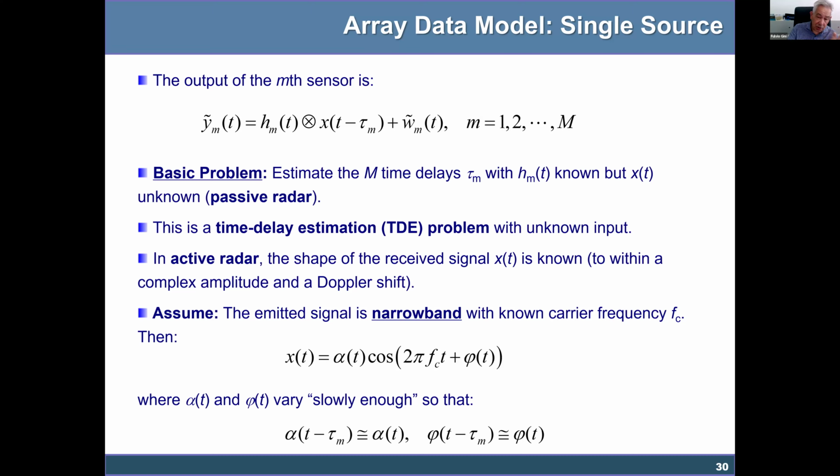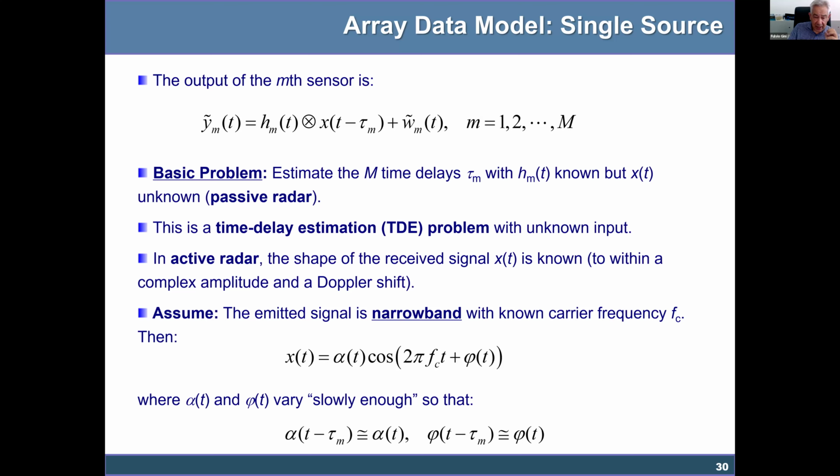So by definition, tau 1 is equal to 0. Now, because the other M minus 1 delays, tau m, depend on the directional arrival, if we estimate the delays, we can get an estimate of the directional arrival. So from this point of view, the problem of estimating the directional arrival is somehow equivalent to a time delay estimation problem.